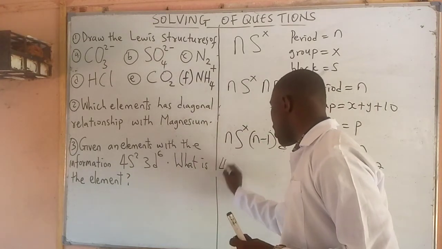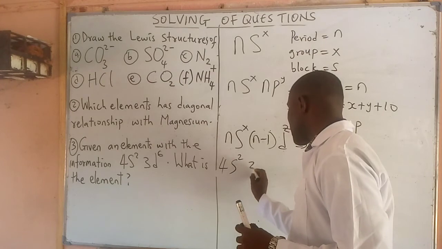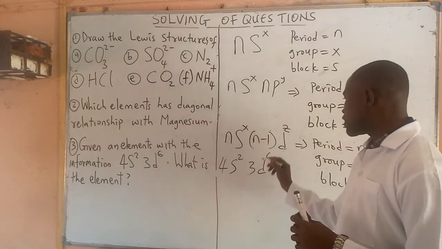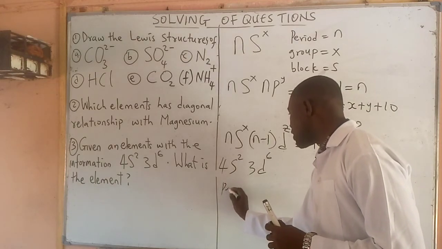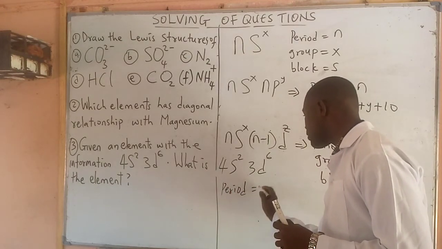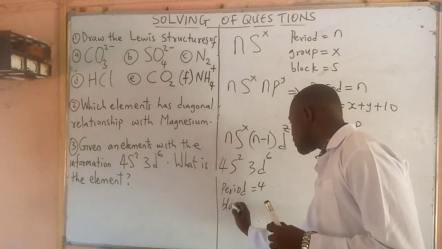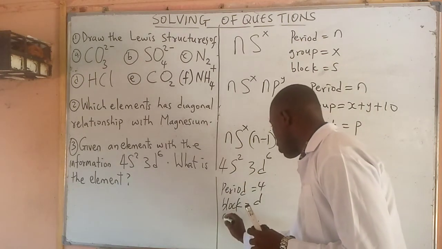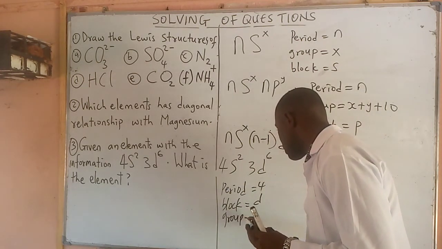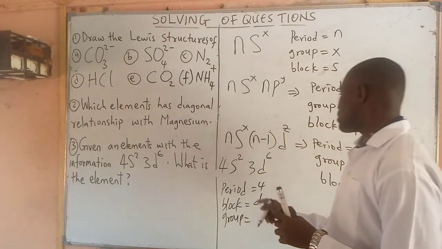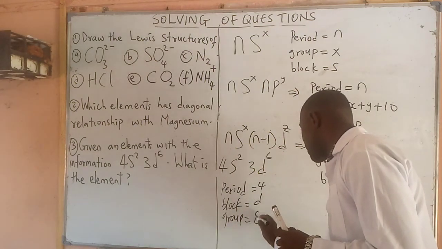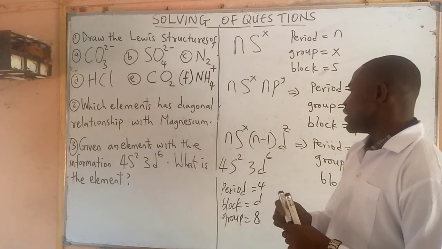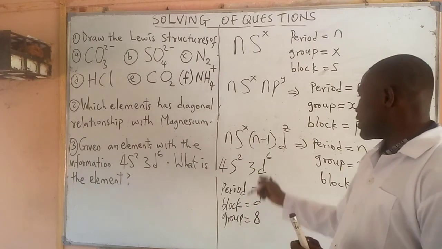So we have 4s2 3d6, which means our period is n, that is 4, and the block is d-block.